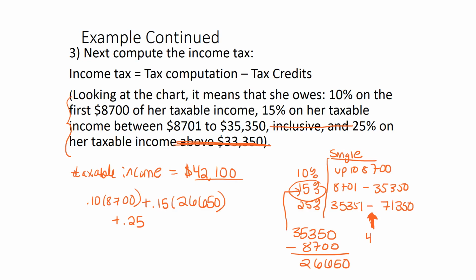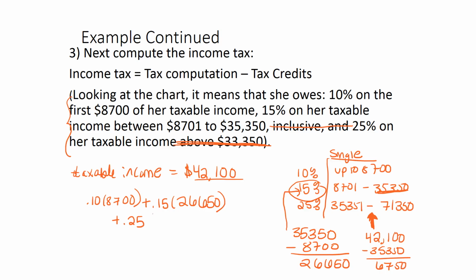So we take 42,100 minus 35,350, right? 42,100 minus 35,350. So that is 6,750.